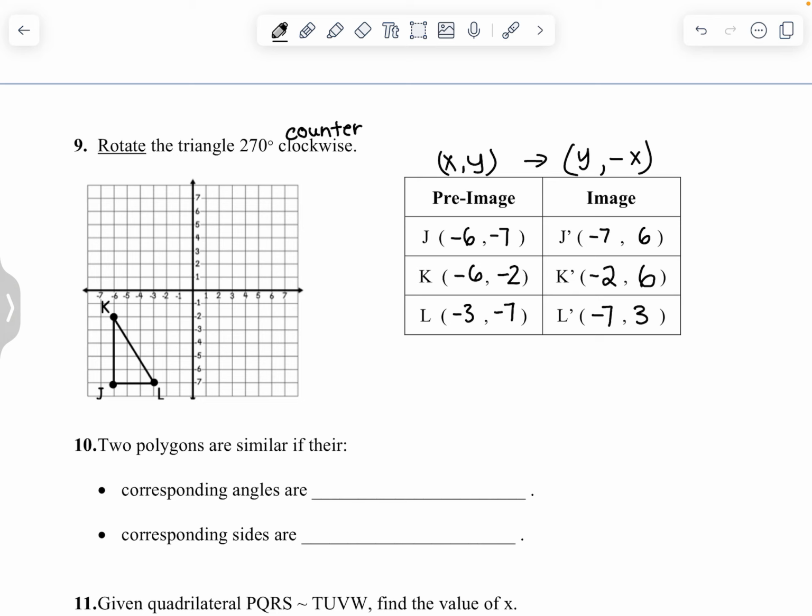So -7, up 6, J prime. -2, up 6, K prime. -7, up 3, L prime.